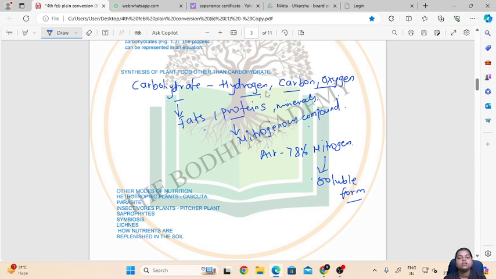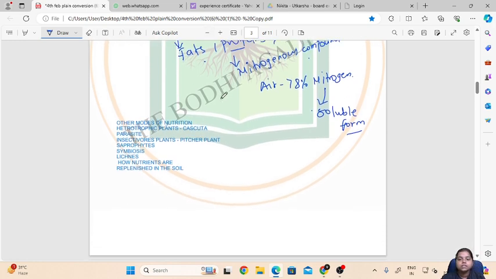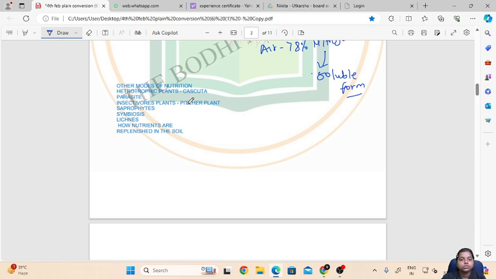When we apply it to our fields or to the crops, the plants directly absorb it. It is already present in the soluble form, but from the air the plants cannot take it directly. Understood?